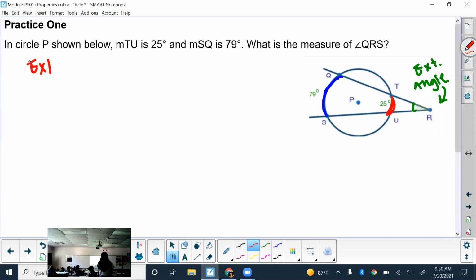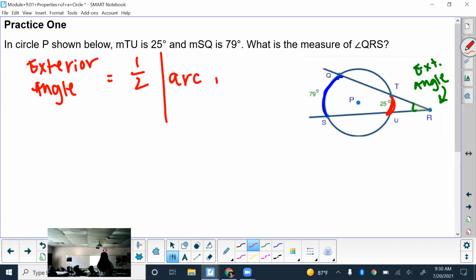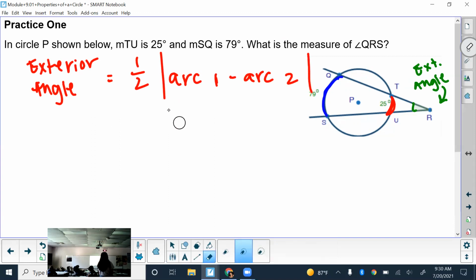And that formula is that the exterior angle equals half the absolute value of arc 1 minus arc 2. Those are absolute value symbols. Question so far? So it's like the same as the secant and tangent type formula?